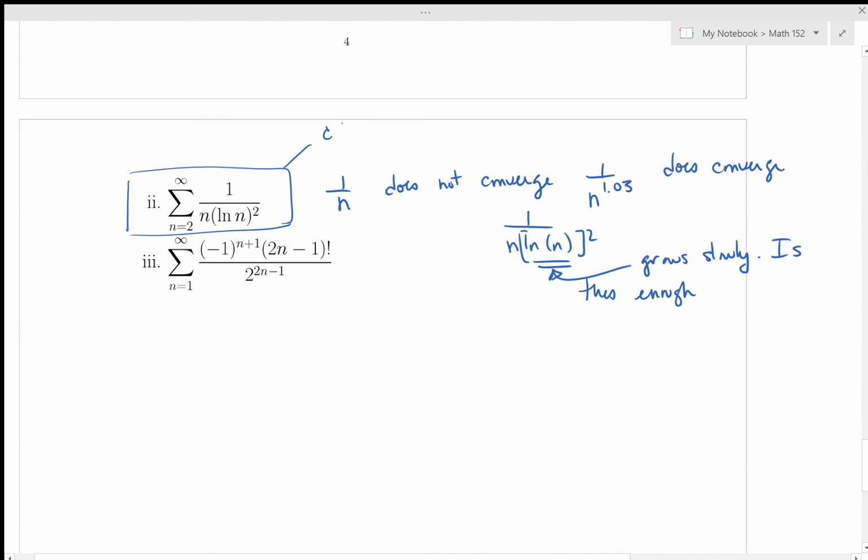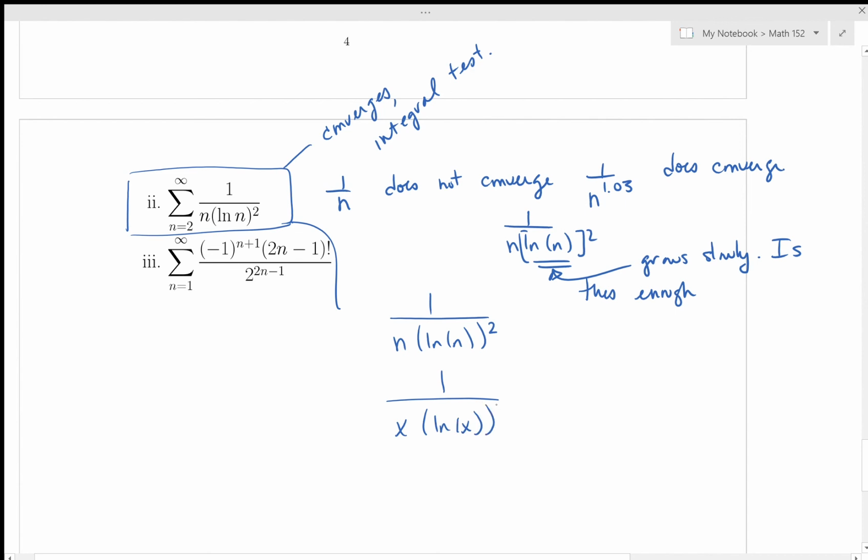It converges, and the integral test is a nice way to show that. If you were to integrate this, I'm looking at it and thinking of the equivalent function because I want to use the integral test.